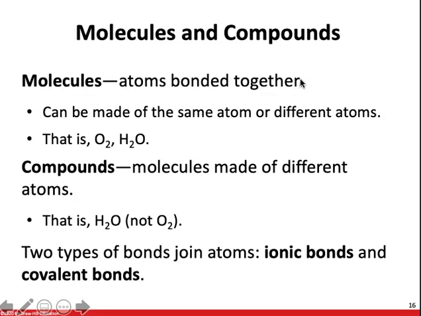So, for example, H2O, dihydrogen monoxide, has 2 atoms of hydrogen and 1 atom of oxygen. A compound is going to be specifically molecules that are made up of different atoms. So in this case, water is considered a compound. Oxygen is not a compound.